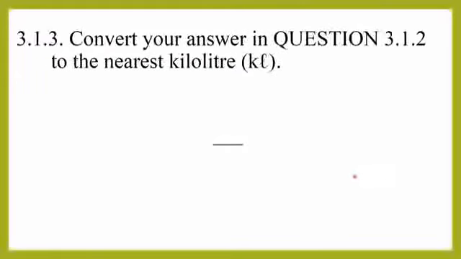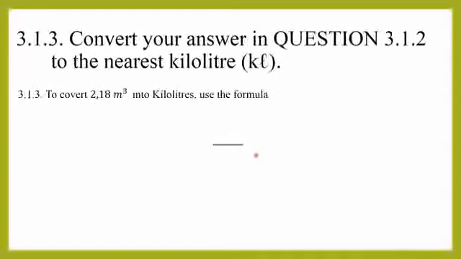The third question: convert your answer in question 3.1.2 to the nearest kiloliter. Let's look at how we are going to do that. To convert 2.18 cubic meters into kiloliters, use the formula provided, which is 1 cubic meter is equal to 1,000 liters.